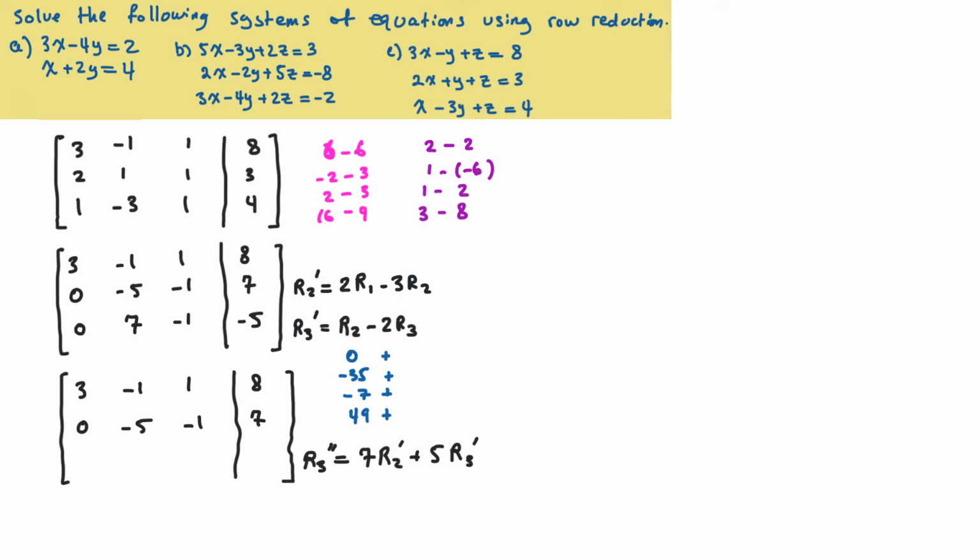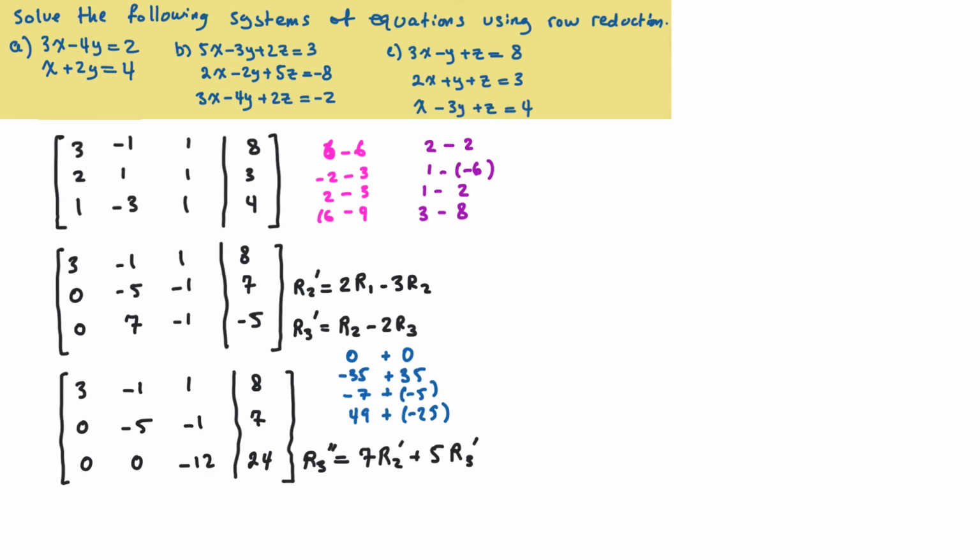So 5 times 0, we get 0. 5 times 7, 35. 5 times negative 1, negative 5. 5 times negative 5, negative 25. Let's add them all up. 0 plus 0, negative 35 plus 35, negative 7 plus negative 5, and 49 plus negative 25, it should be 24.